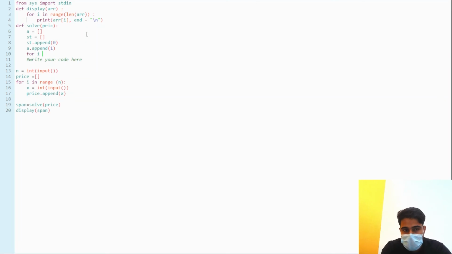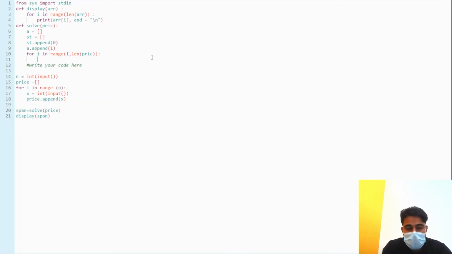Now let me iterate over the array, for i in range 1 to length of price. I am iterating over the provided array, but I need to maintain some conditions. The condition is popping some elements from the stack, and I will pop elements only when my currently executing element is greater than the top of stack.